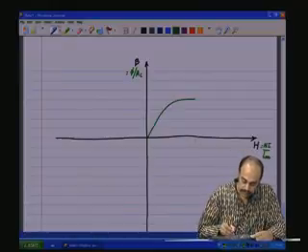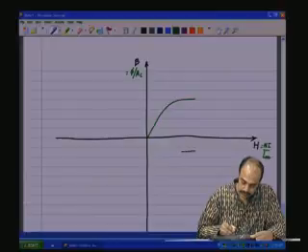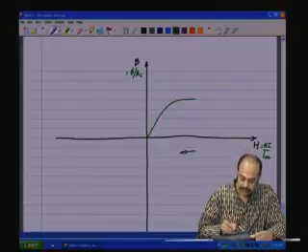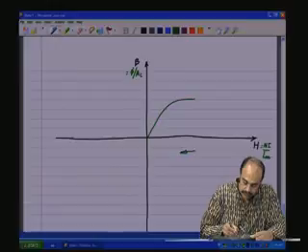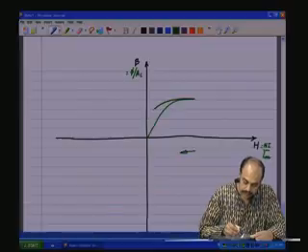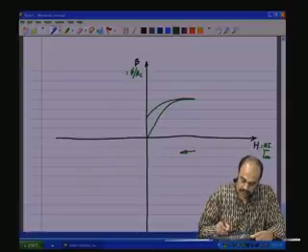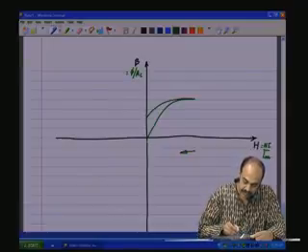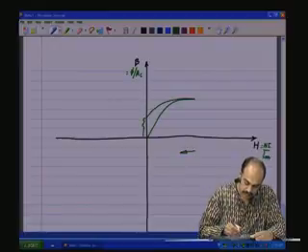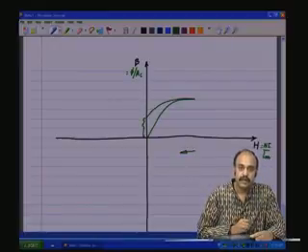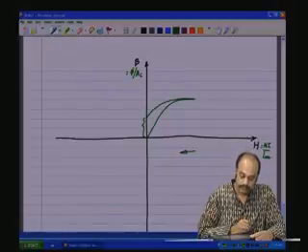Then let us bring back the magnetic field intensity towards 0. As you start bringing it towards 0, you will see that it does not come back along the same path. It exhibits hysteresis. So when the magnetic field intensity is 0, there is some remnant flux in the core.